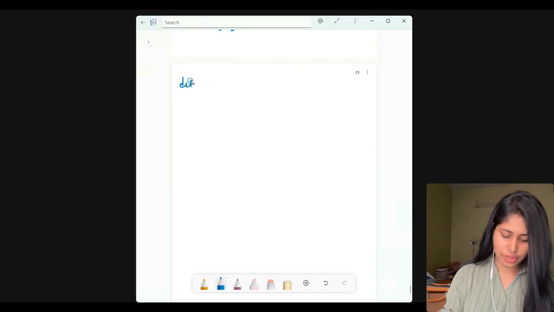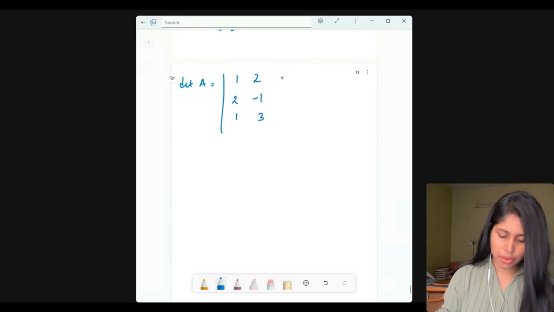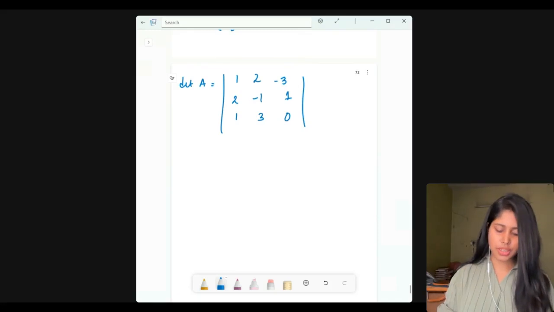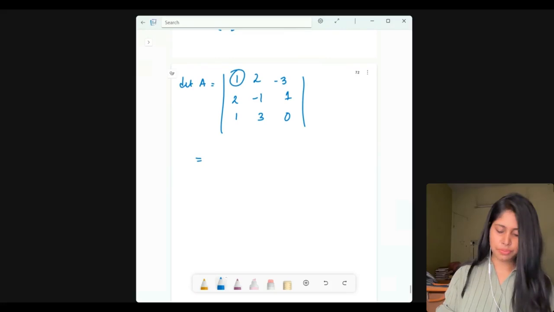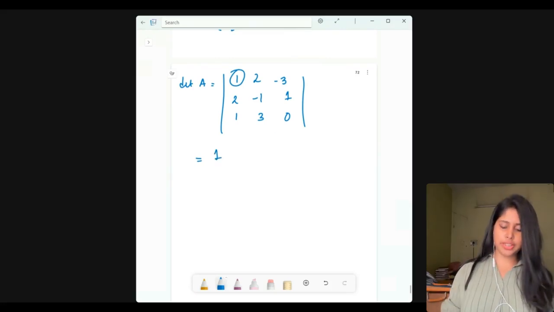Determinant of A. What was the matrix? 1, 2, 1, then 2, minus 1, 3, and minus 3, 1, and 0. And how do you find the determinant? Basically, you take the first number, 1, and multiply it by its cofactor.